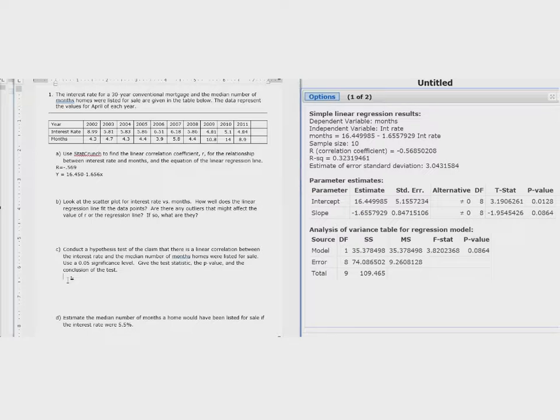Our test statistic is -1.955 if we round it to 3 decimal places. Our p-value is 0.0864.